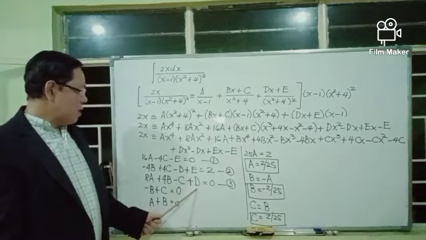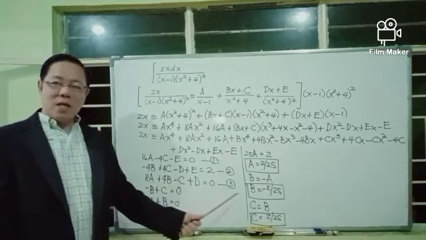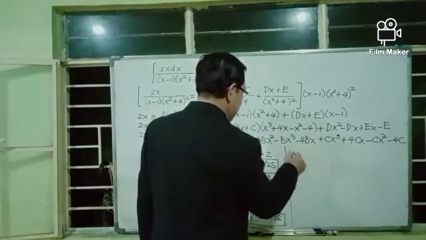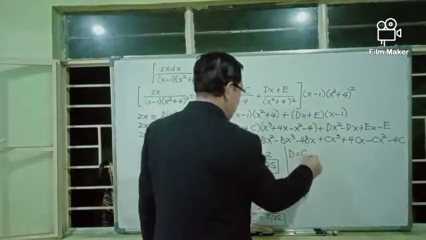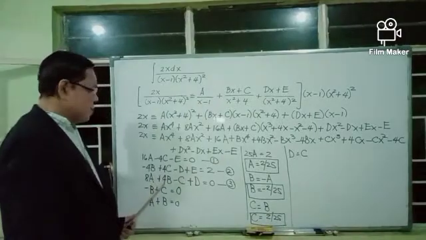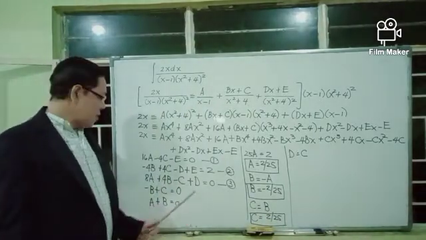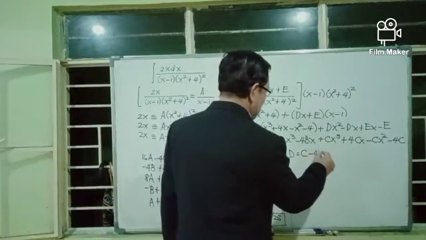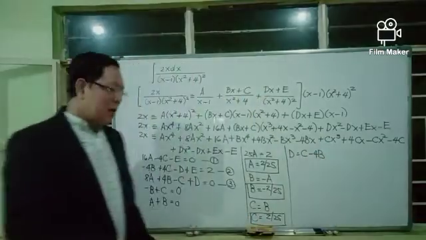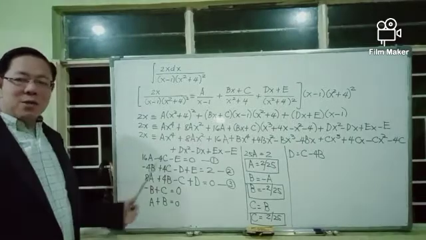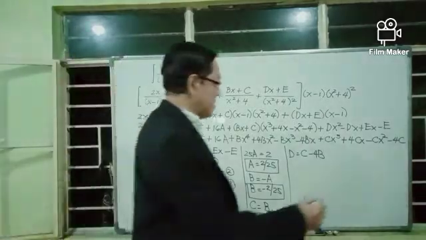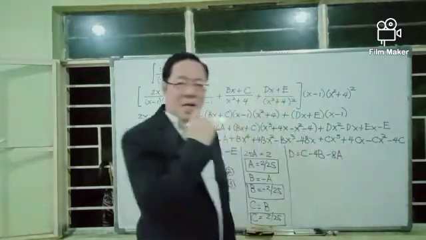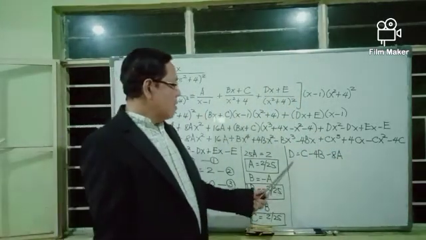d equals, transpose minus c to the right, c. Transpose 4b to the right, you get minus 4b. And transpose 8a to the right, you get minus 8a.